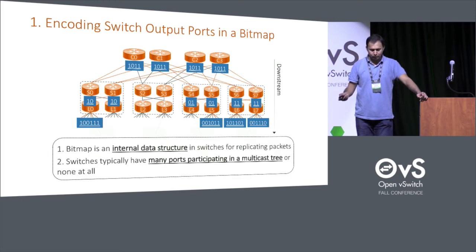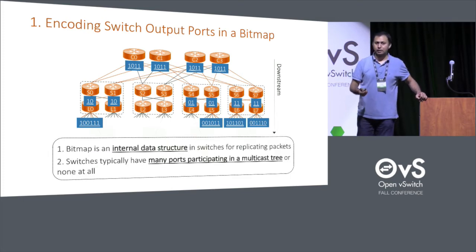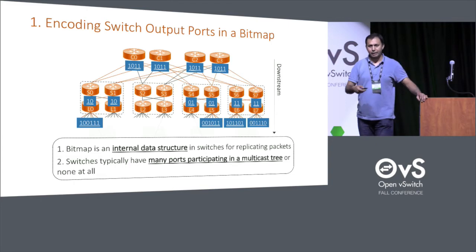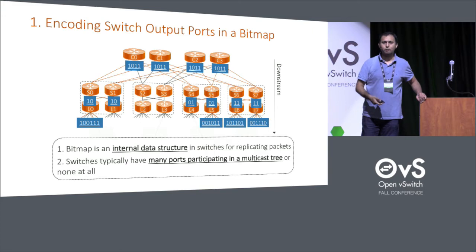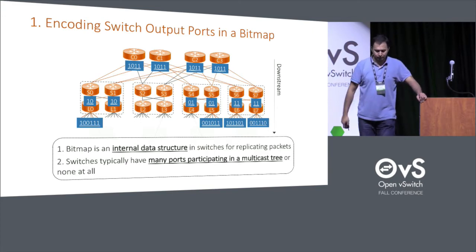And the reason why we do this is because a bitmap is an internal data structure that switches use for directing packets to multiple ports. And also, based on the co-location and placement of the tenants in the data center, either many of the ports are participating in the multicast tree, or none of them. That's what we have seen.